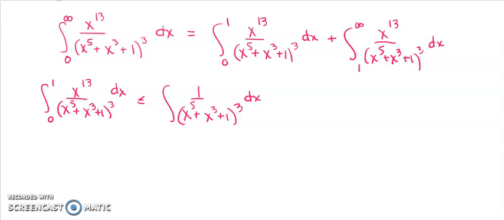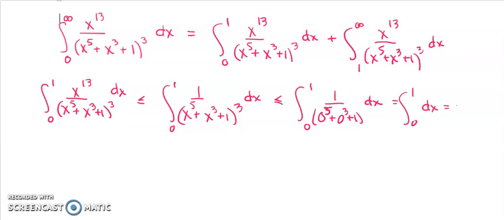But now x is always greater than 0, and x is positive, so if I make the denominator smaller, I make the fraction larger. So this is less than or equal to the integral from 0 to 1 of 1 over (0 to the 5th plus 0 cubed plus 1) cubed dx, which equals the integral from 0 to 1 of just dx.